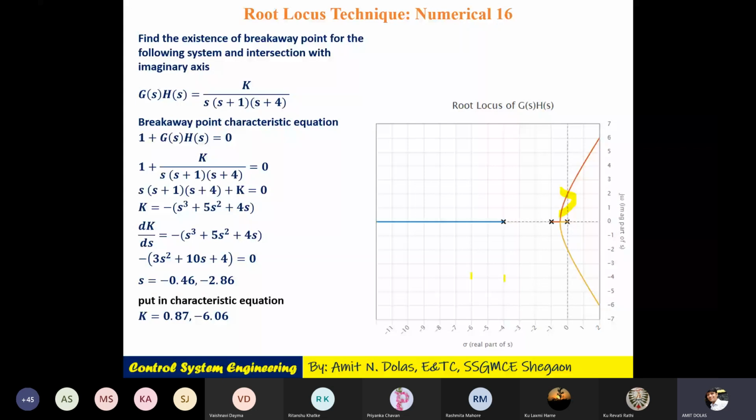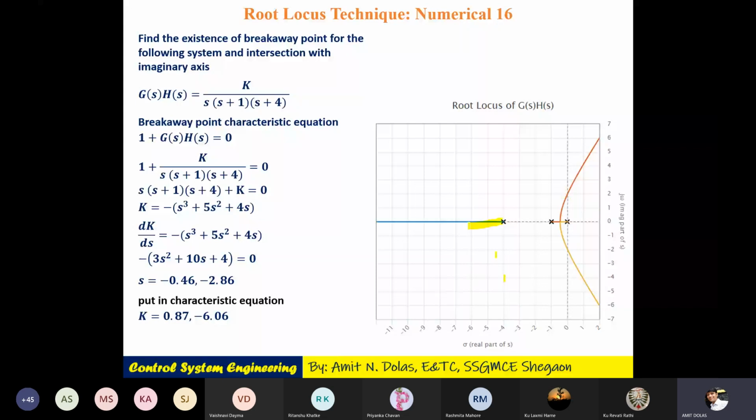So where is the root present? We got two values, s is equal to, and out of them which is the breakaway point? That we have to find out. So minus 0.46 will be somewhere here.